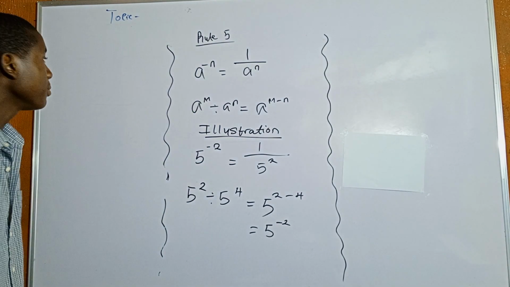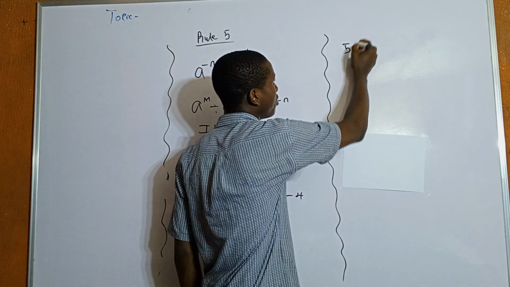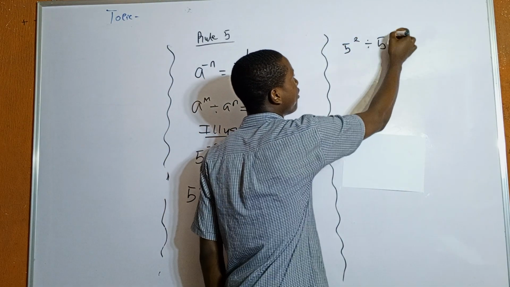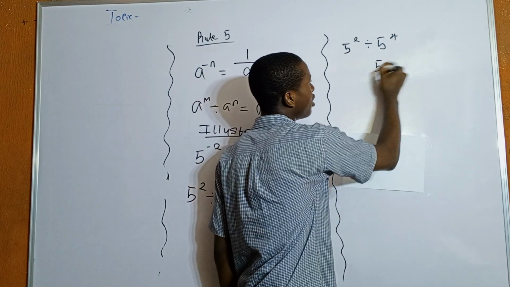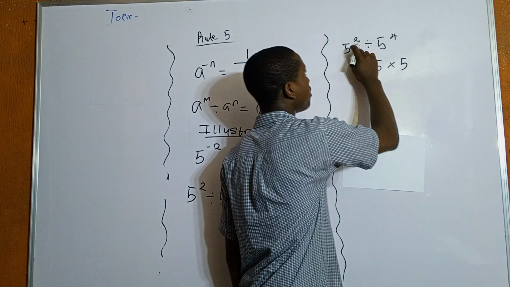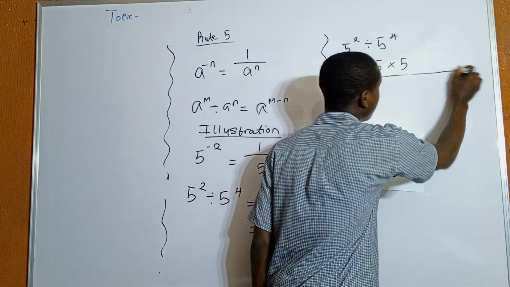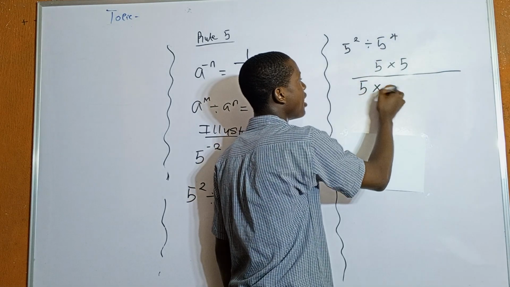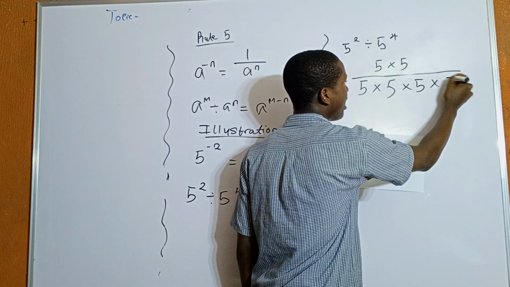But obviously, 5 raised to the power 2 divided by 5 raised to the power 4 is the same thing as 5 multiplied by 5, which is 5 in 2 places, divided by 5 in 4 places, which will be 5 multiplied by 5 multiplied by 5 multiplied by 5.